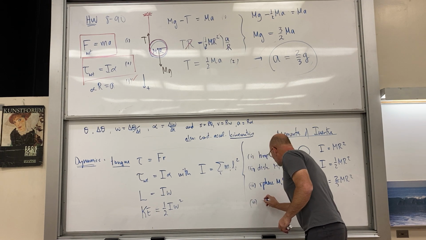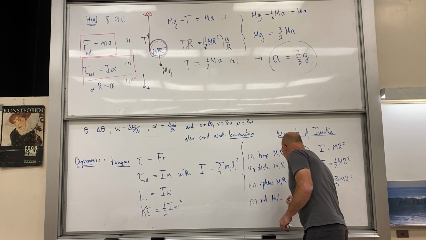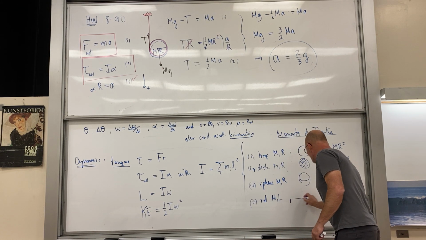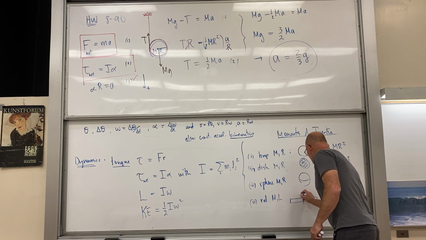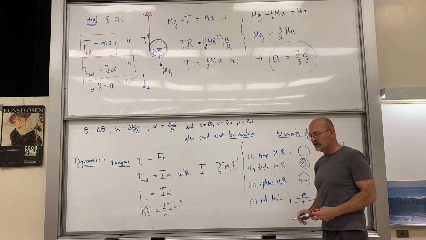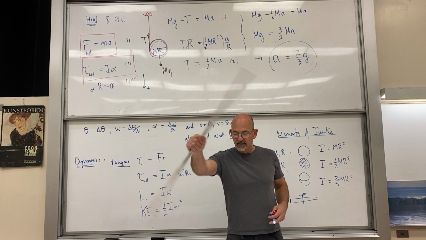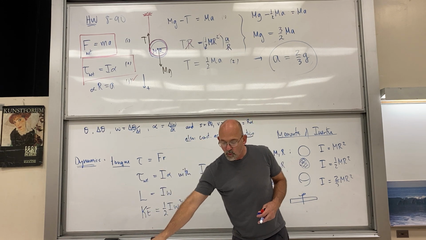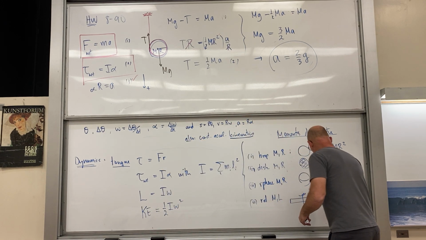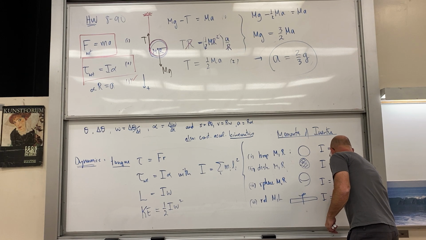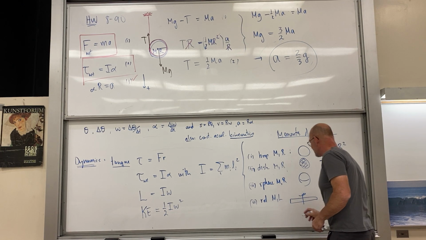So if you have a uniform rod, mass M, length L, and the axis is through the center, okay, so you're rotating it like this, then the moment of inertia is 1/12. I equals 1/12 ml squared.